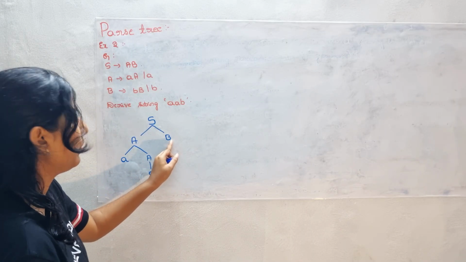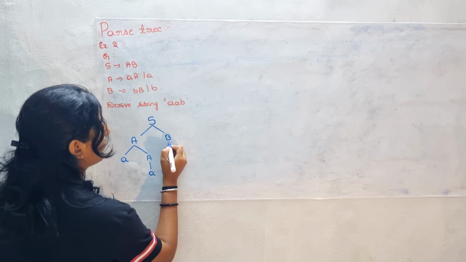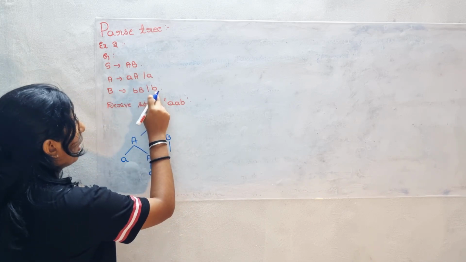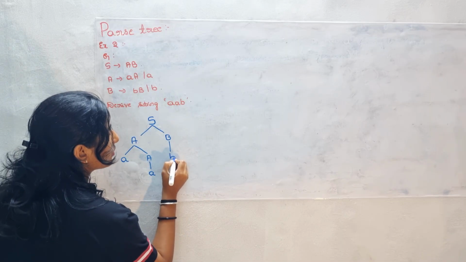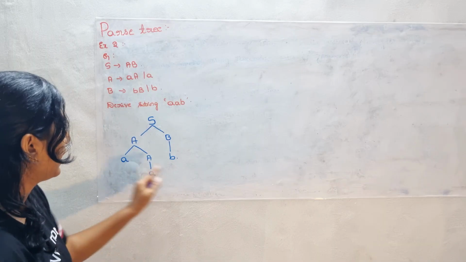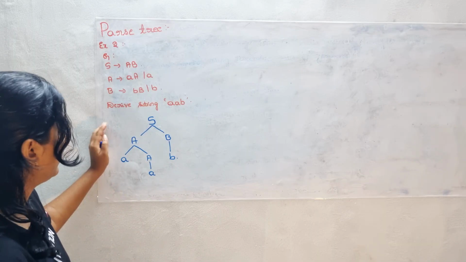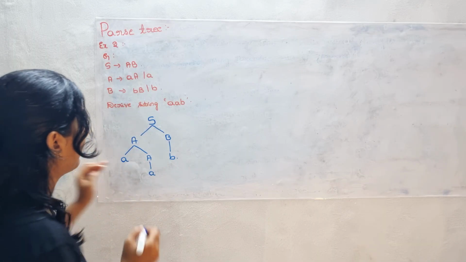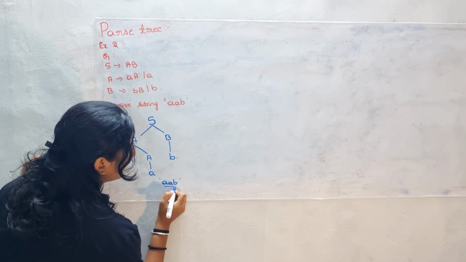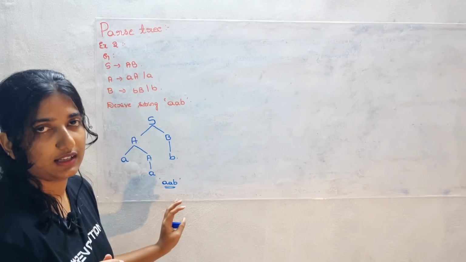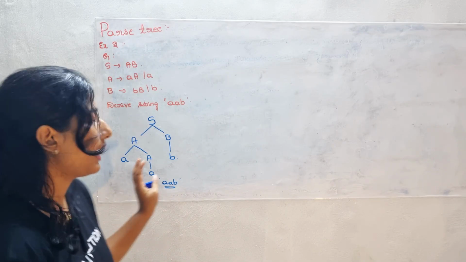Now B is a variable, so replace it again. B derives b or bB, and I need ab, so I am replacing it with b. So we have to read it from left to right. We got ab, so ab is the final string. Clear? So this is how we build a parse tree.